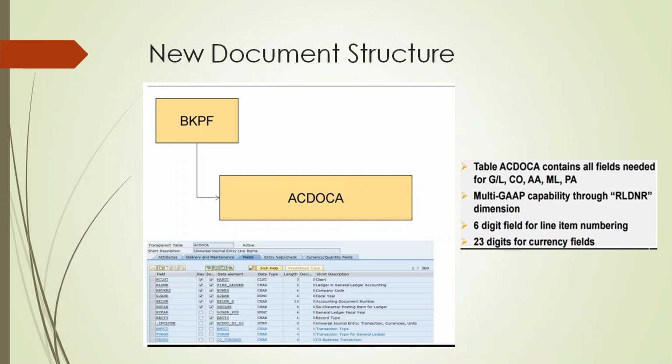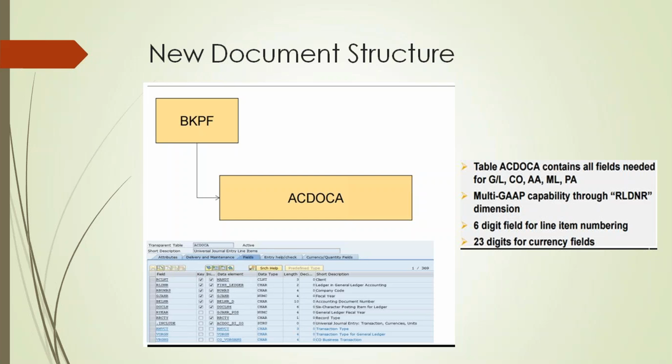So the performance will obviously improve. Why were we using totals tables and index tables? Because we didn't want performance issues on BSEC. That's why we created a lot of totals tables and index tables in the earlier data model. But now the performance is not an issue, and everything can be run on the fly.